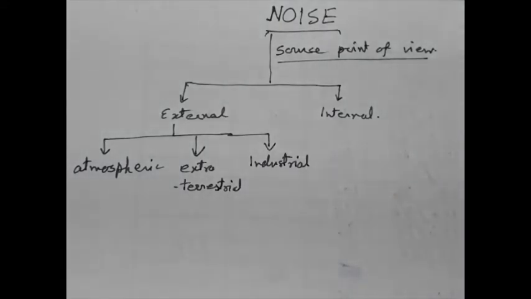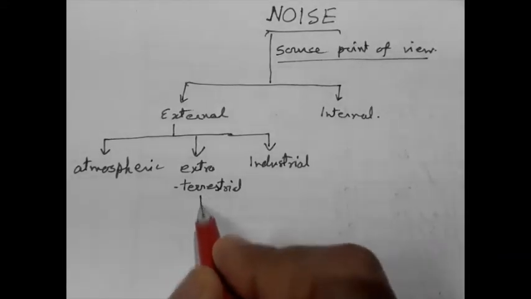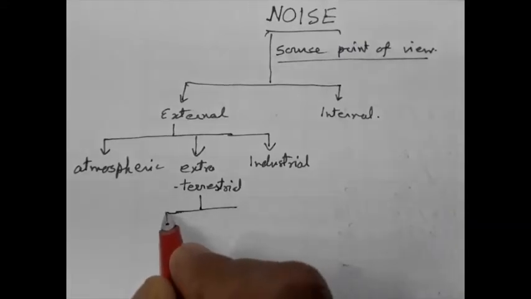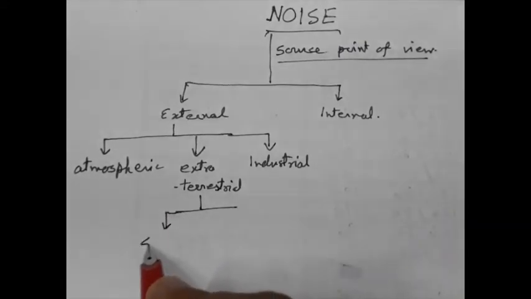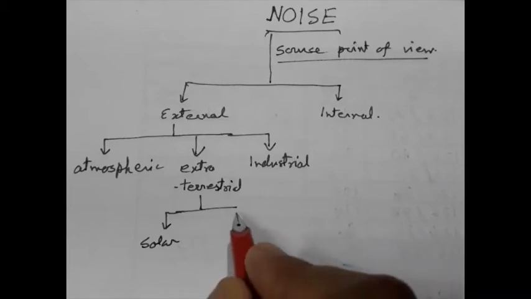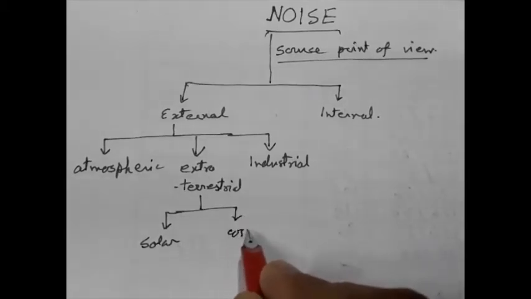So these are, in a broad sense, the classification of the external noise. Now, extraterrestrial noise may be further classified into solar noise and cosmic noise.